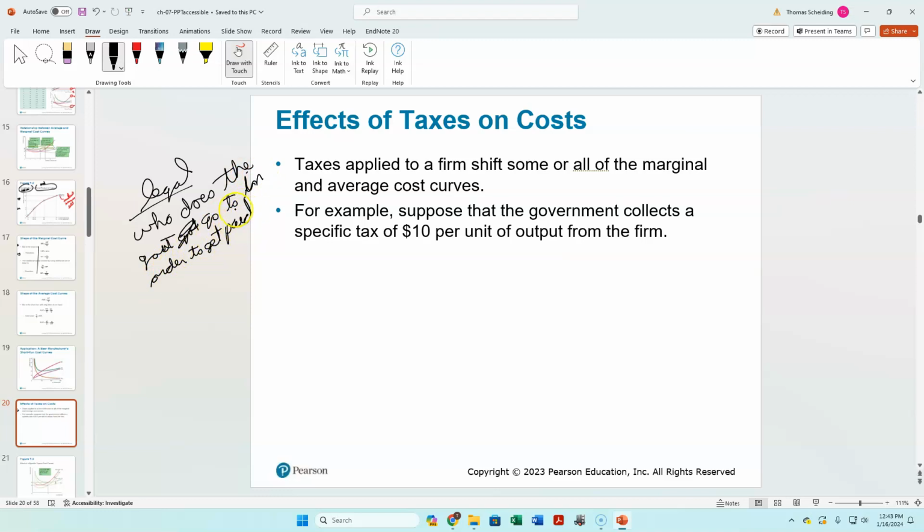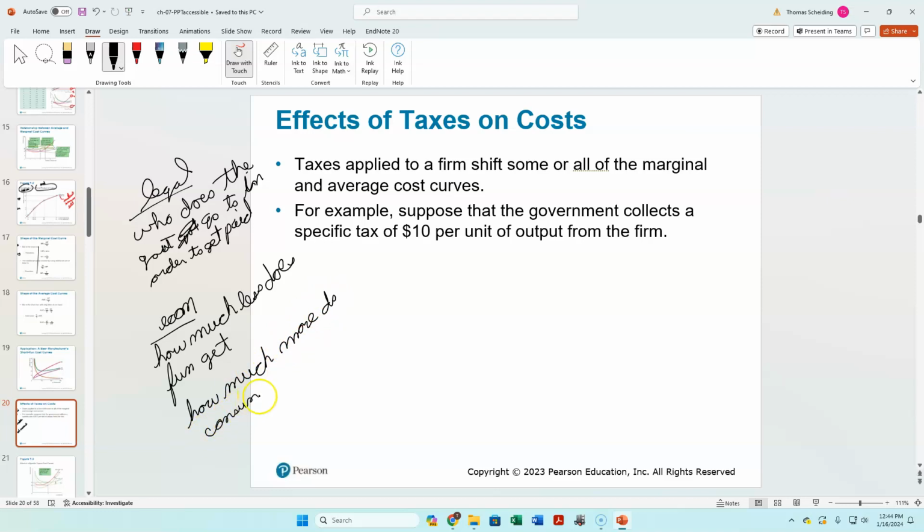That's not what we're concerned about. We're concerned about the economic incidence of the tax, which means we're looking at how much less does the firm get, and how much more do consumers pay. And all that depends on the elasticity of what we're dealing with.